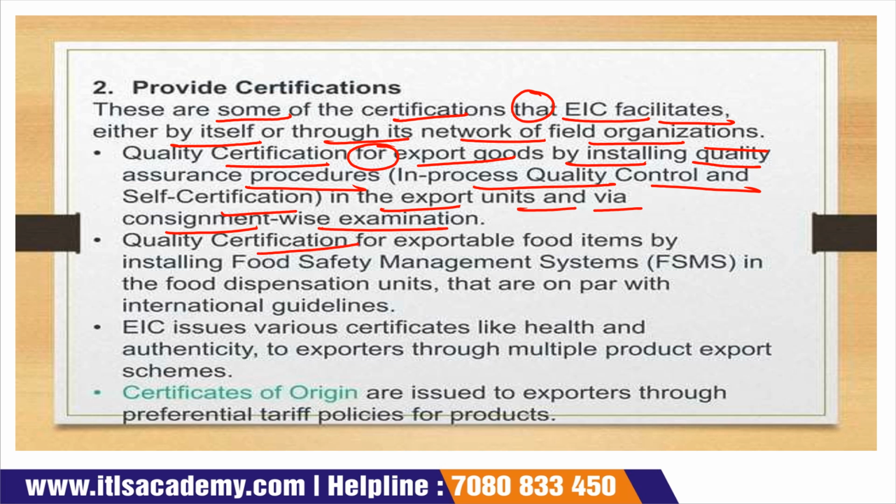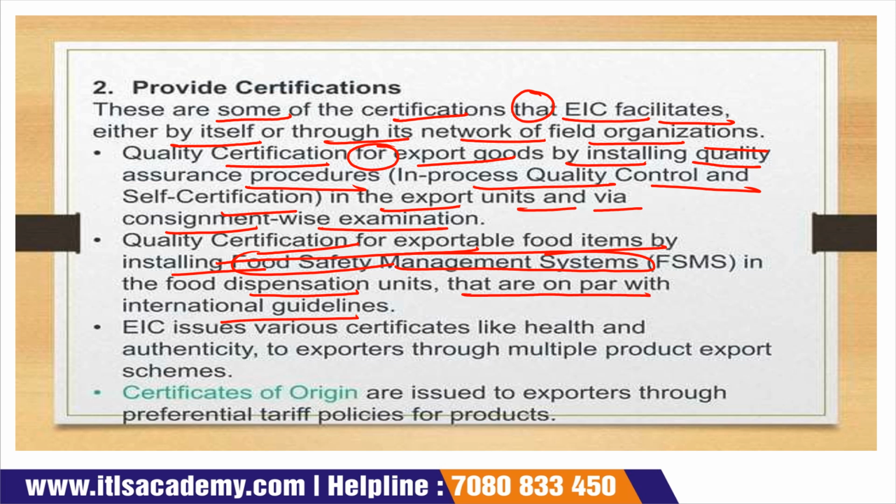Then quality certification for exported food items by installing a food safety management system. Okay, so when they provide the certification for the exportable product, they have to install the FSMS, that is your food safety management system, in a food processing unit that is on par with the international guidelines.